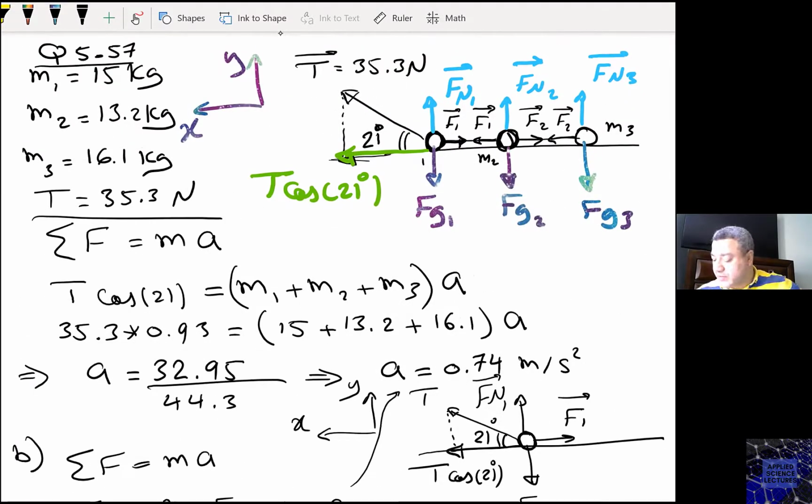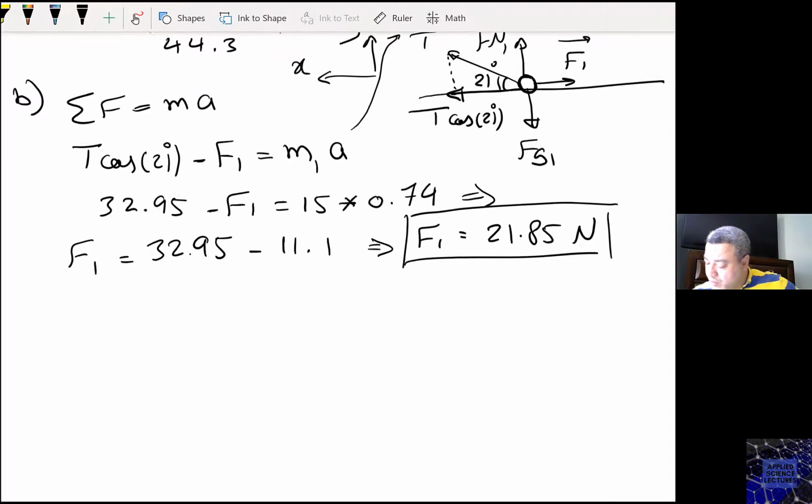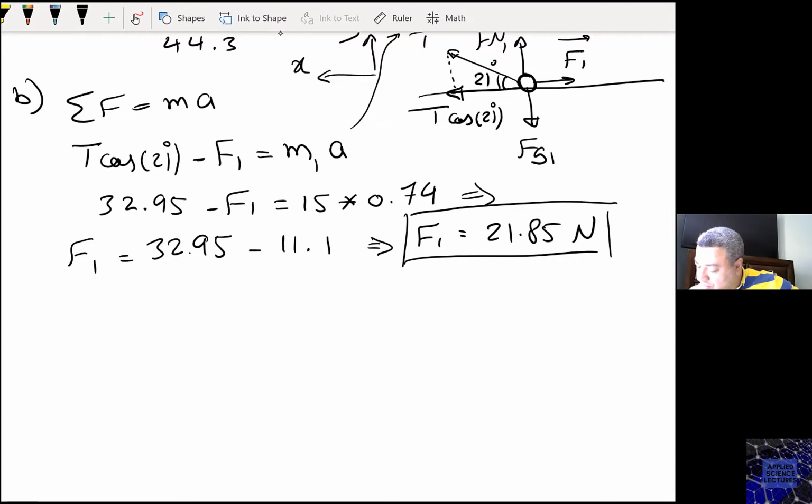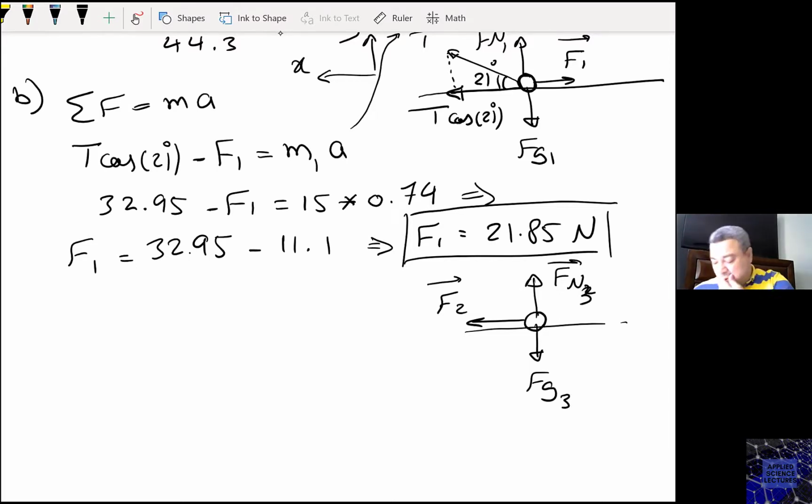Now, if we want to calculate the tension force between cart number 2 and 3, we can look at this last cart that has only one force applied on it. So I have F2, Fn3, Fg3. This is mass 3. Then again, sigma F equals ma.